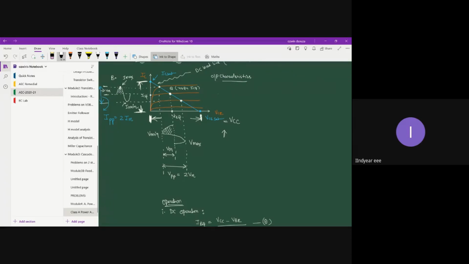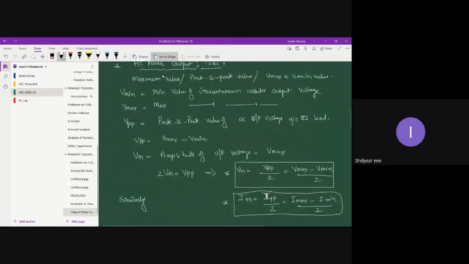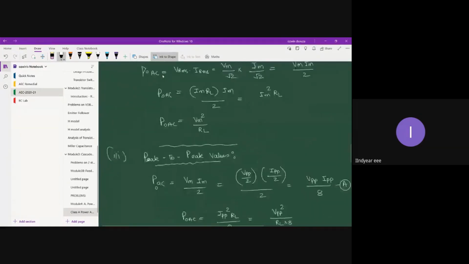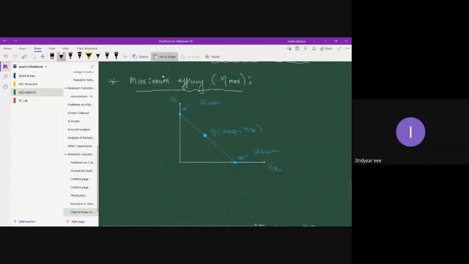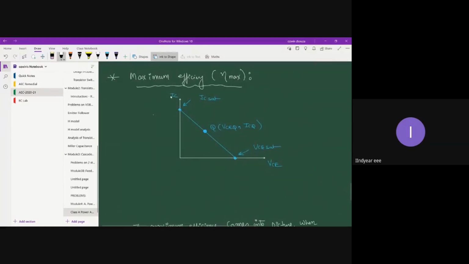The maximum value is here and the minimum value is here, and you can clearly observe that this maximum value is not coinciding with the collector current saturation value. So that's the reason, while calculating the maximum efficiency, we are going to allow the maximum current to flow through the collector terminal, and also allow the maximum voltage to appear across the collector to emitter terminal.